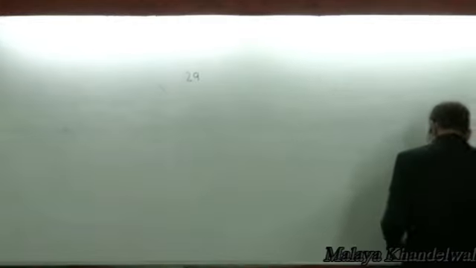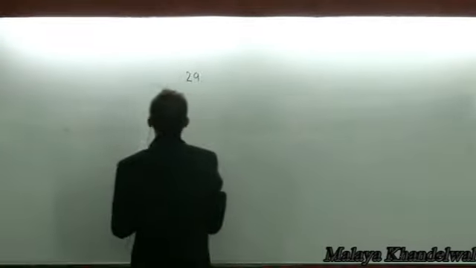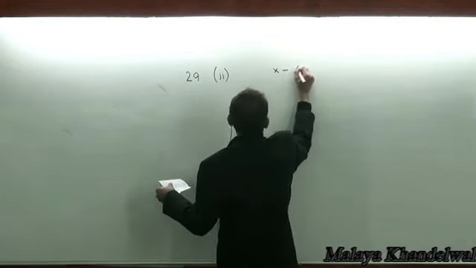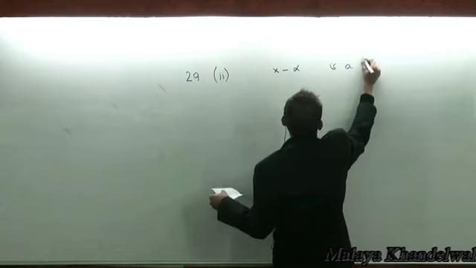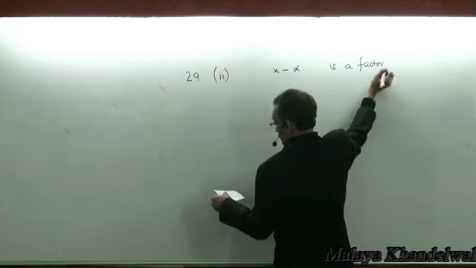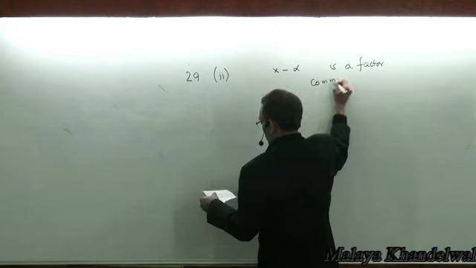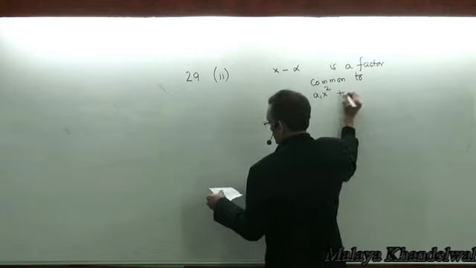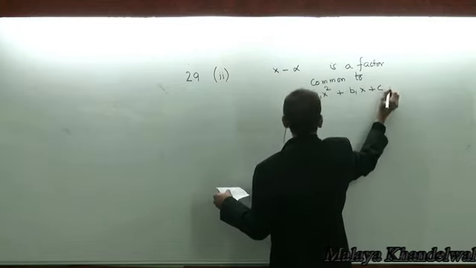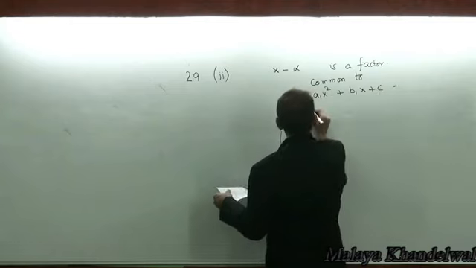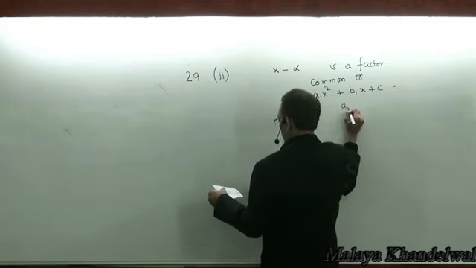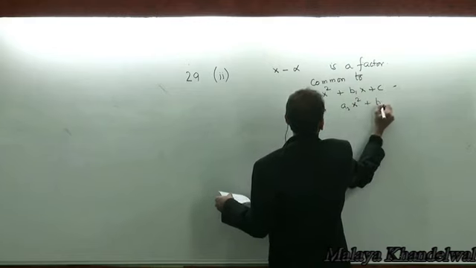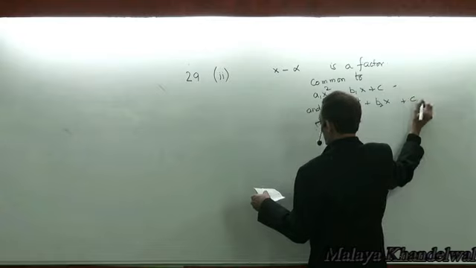Part 2. It's given that x minus alpha is a factor common to a1 x squared plus b1 x plus c and a2 x squared plus b2 x plus c.